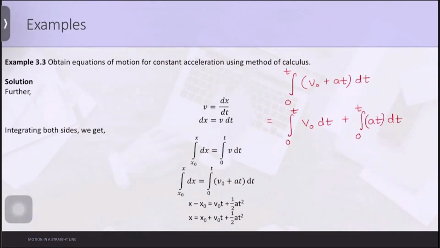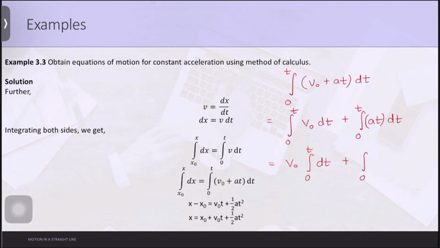Separating more, v0 can go outside: v0 times the integration from 0 to t of dt. Why can it go outside? Because v0 is a constant value. This is one of the rules: if it is constant, then it can go out.